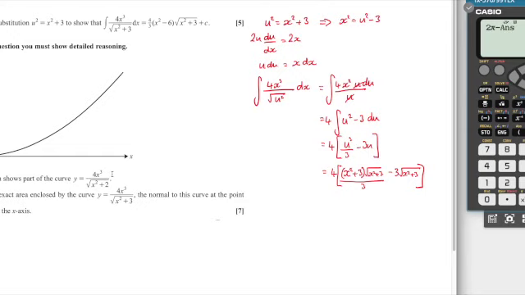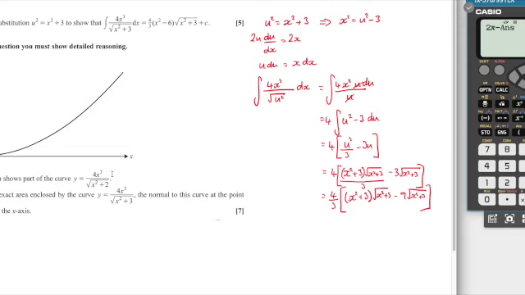So let's take the over 3 out. So that's going to be 4 over 3 of x squared plus 3 root x squared plus 3 minus 9 root x squared plus 3.